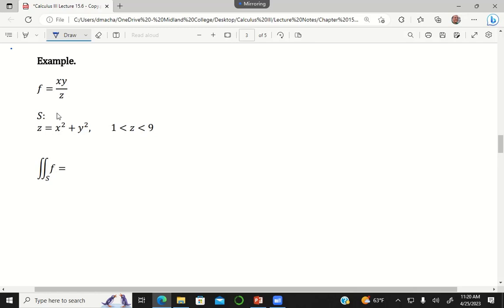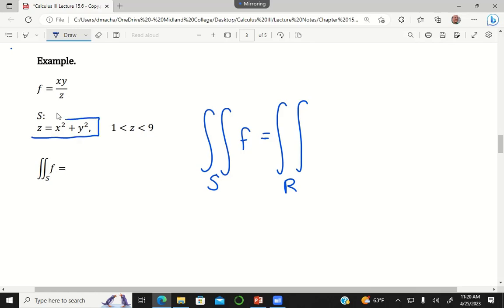And if I want to take this surface integral over a scalar field, I can write this as the double integral over, I'm going to call this R, and this is going to be a region in the xy plane, because again, this is an explicitly defined surface.